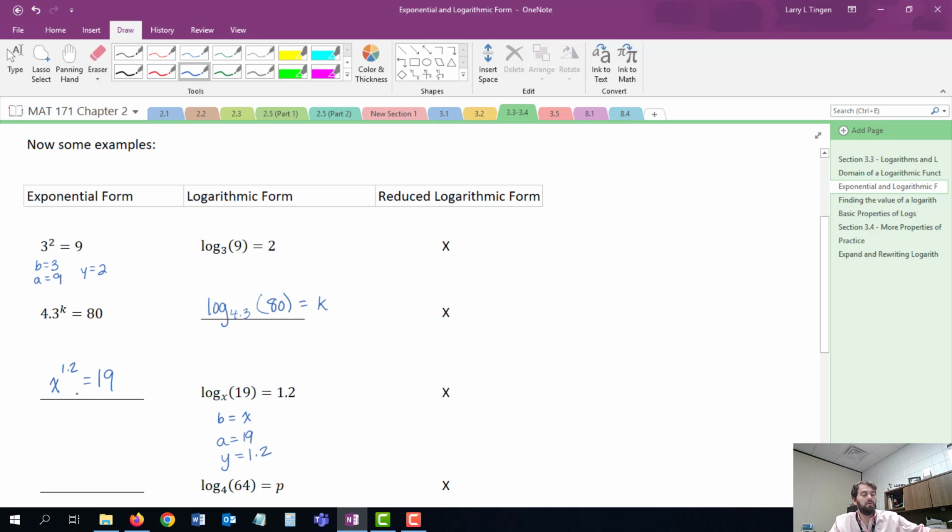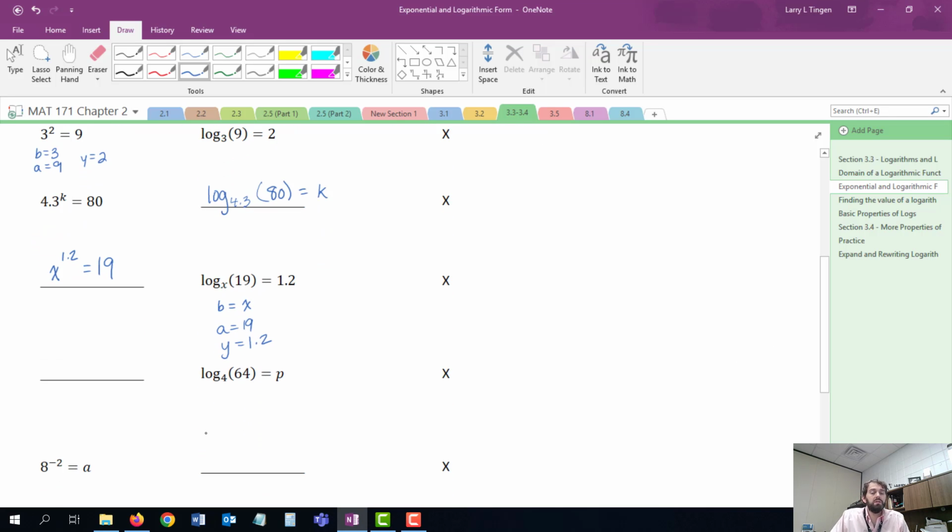Next, if that helps, we can label that out each time. Log base 4 of 64 is equal to p. The base is 4. The argument is 64. The y is p.